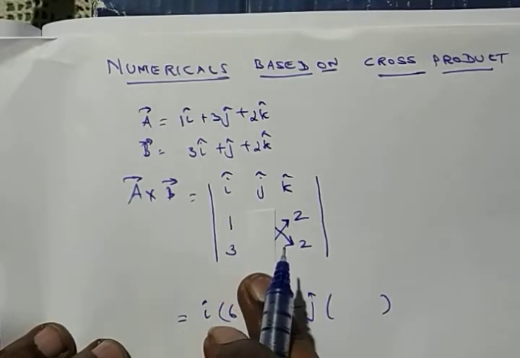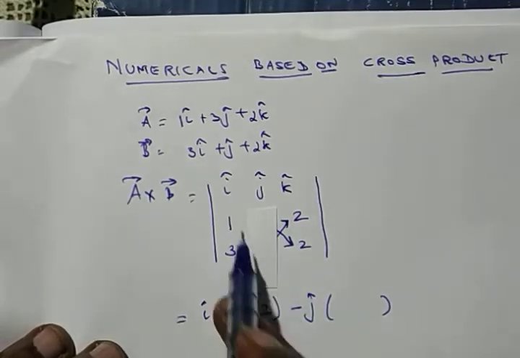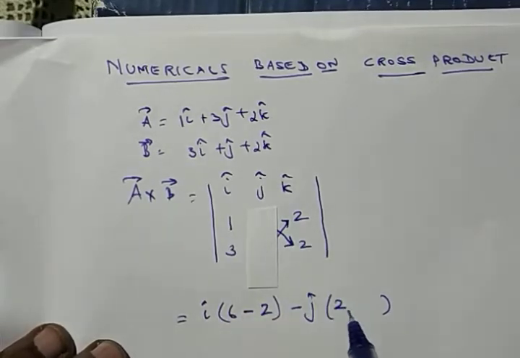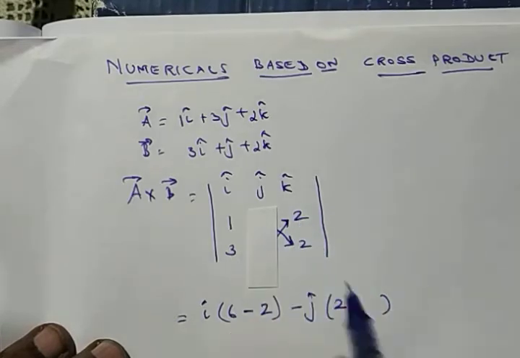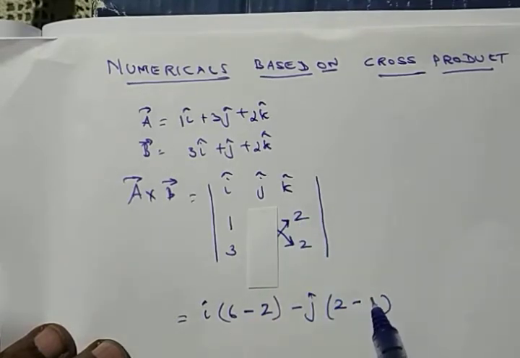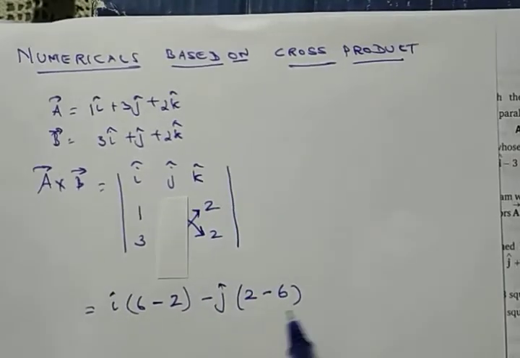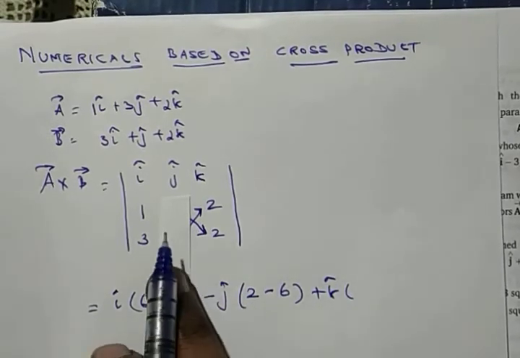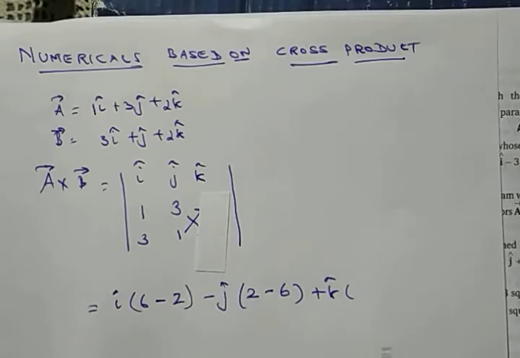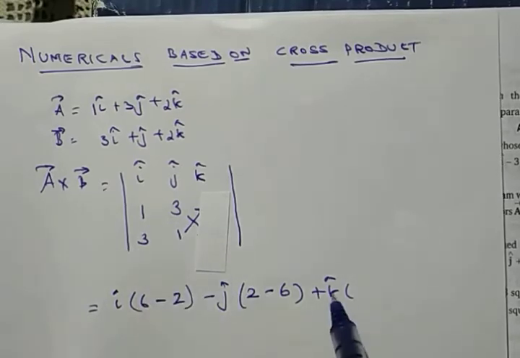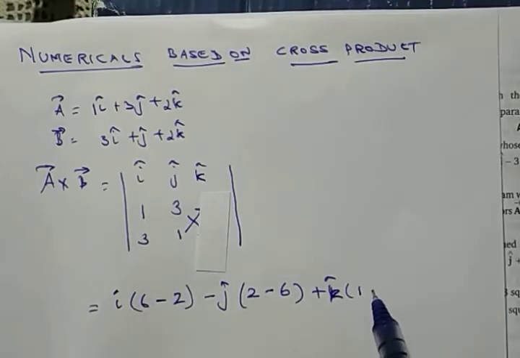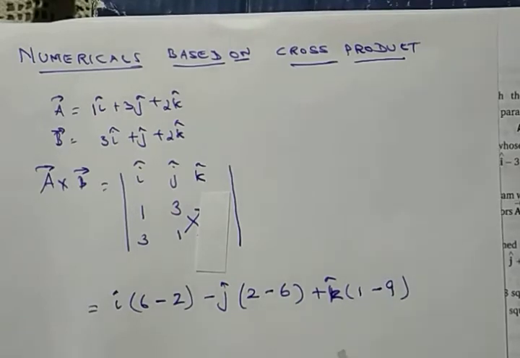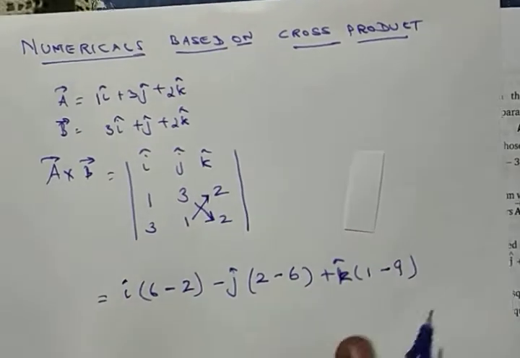You need to hide the j cap value and multiply here 2, and then multiply these 2, minus 6, and then plus k cap. So when k cap is there, hide this one. So you get here 1 minus 9. So that's the way we need to do.